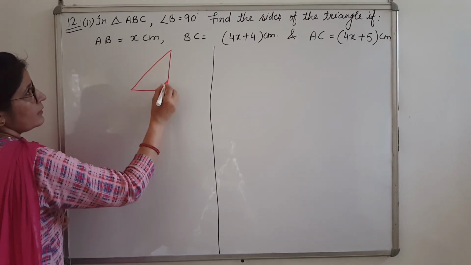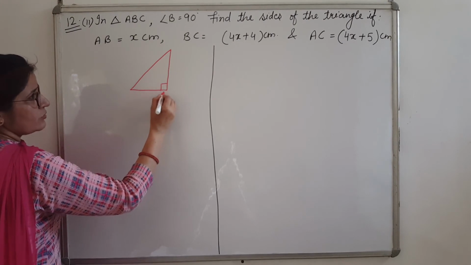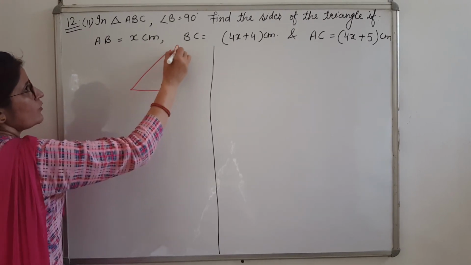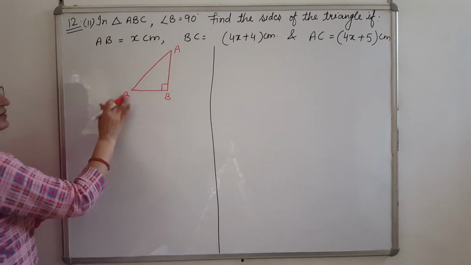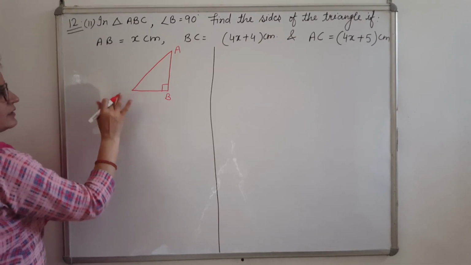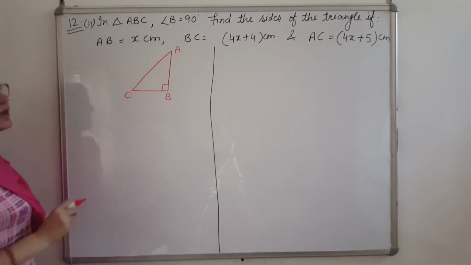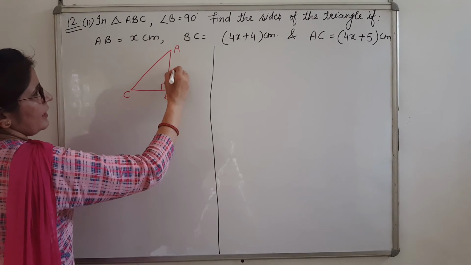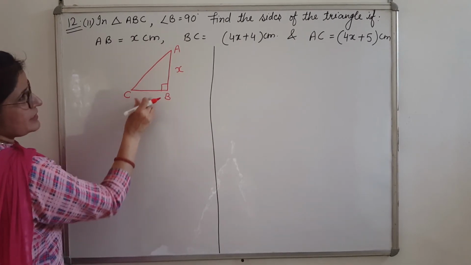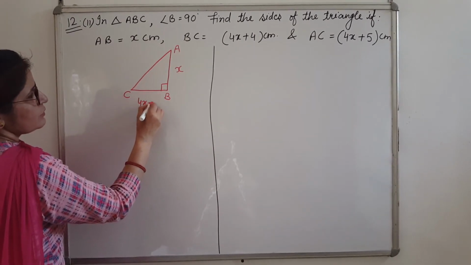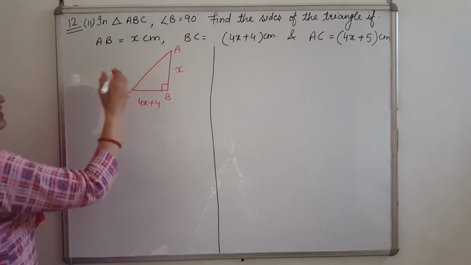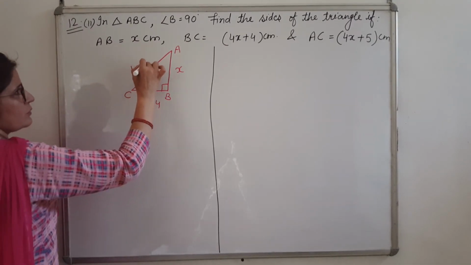Here B is 90, so take this as B. Other two vertices you can take as A and C. Now AB is x, BC is 4x plus 4 and AC is 4x plus 5.